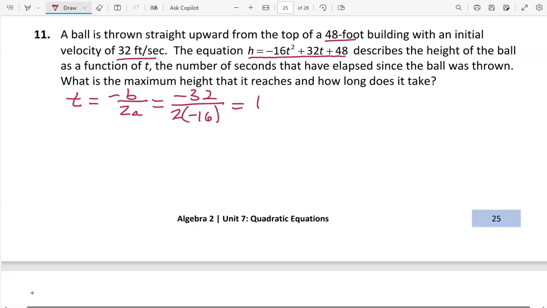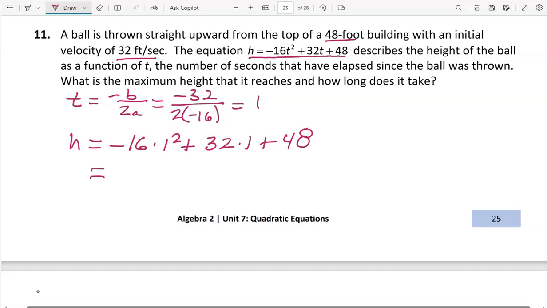And now we need to answer the question how high. We can find how high by replacing t with the number 1 in this equation right here. So negative 16 times 1 squared plus 32 times 1 plus 40. Sorry, typo, that last term was a 48.